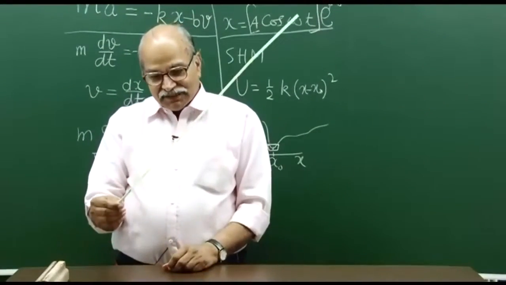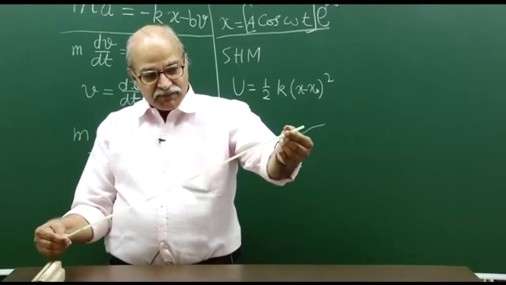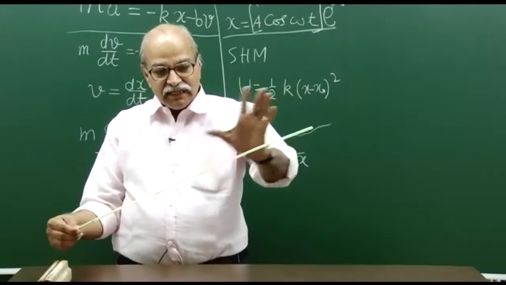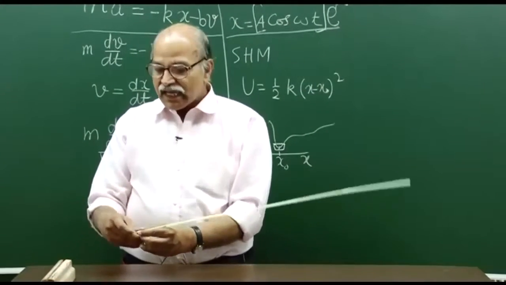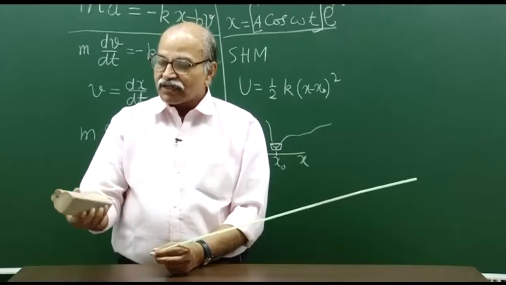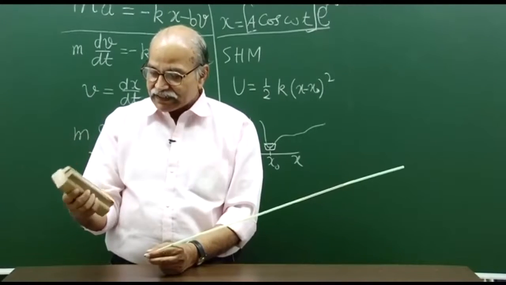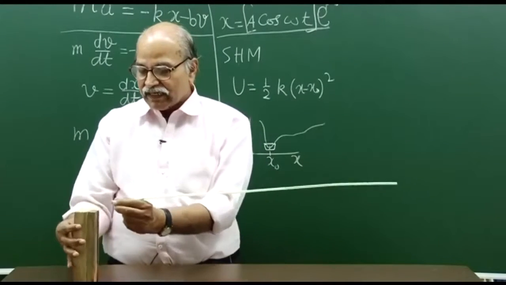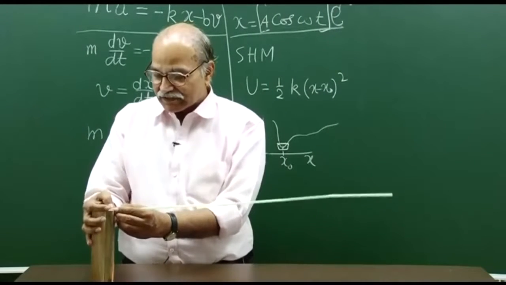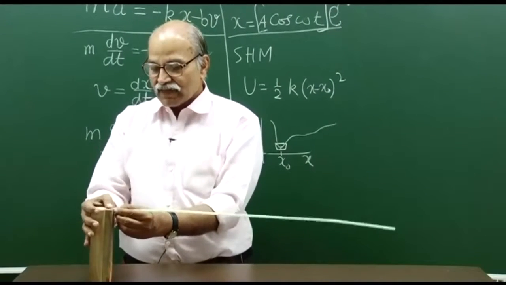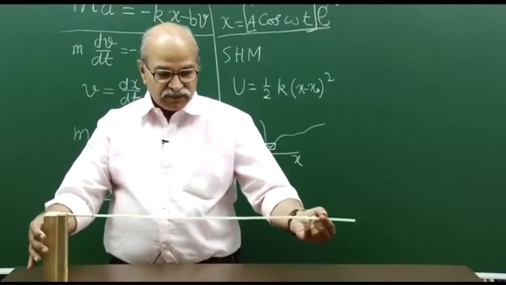I have this long straw with me, which has been made by joining several smaller straws together, and I have this wooden block, which has a groove, you can see. I push one end of the straw into the groove here. Now, this is an oscillating system.